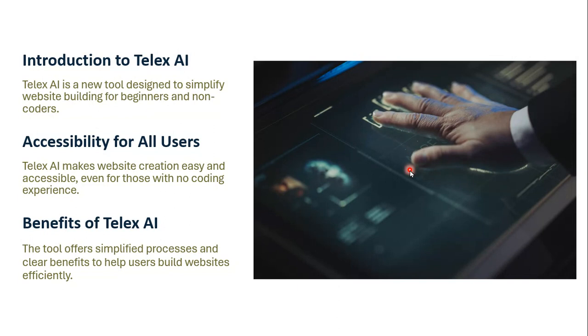One of the best things about Telex AI is that anyone can use it, whether you are a student, a small business owner, or someone with no technical background. Telex AI makes WordPress website building simple and accessible to everyone. Telex AI offers a smooth and guided process to help users build WordPress websites faster and with less effort.